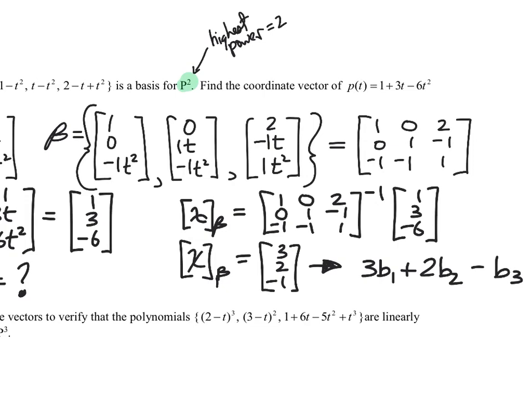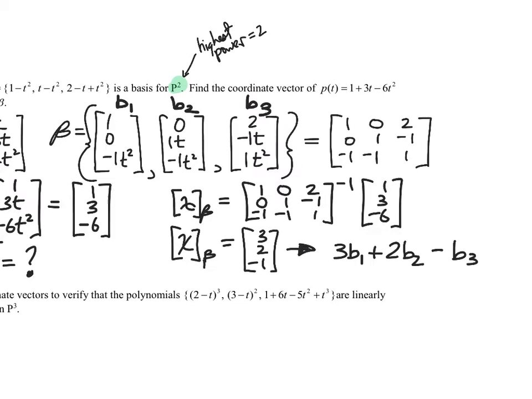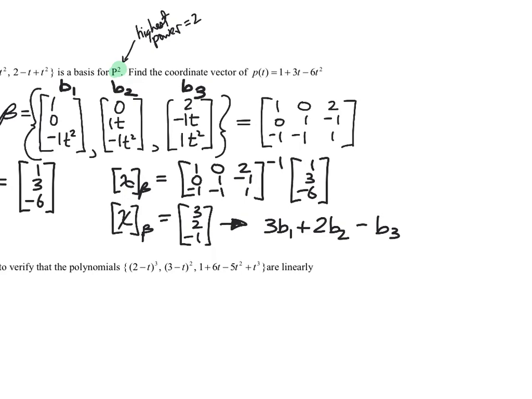All right, so again, this is my b1, b2, b3. And it's something that you could verify. Put your weights in, simplify, and you'll see that it does play out.